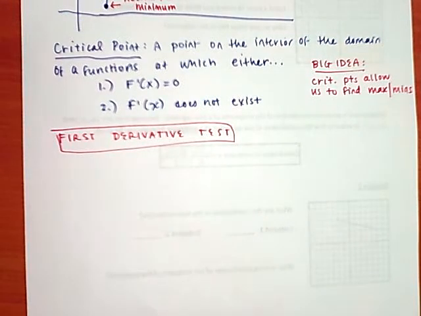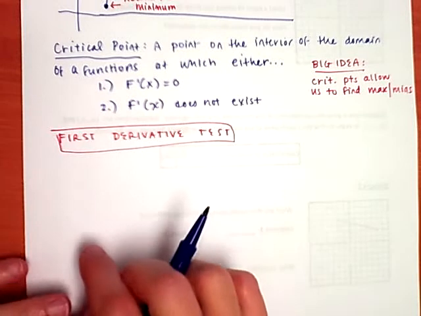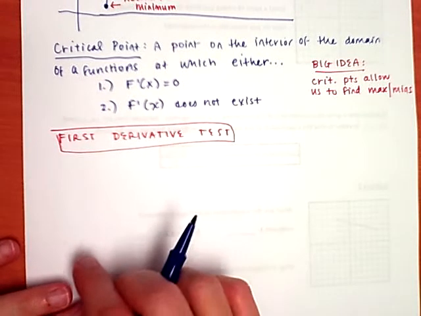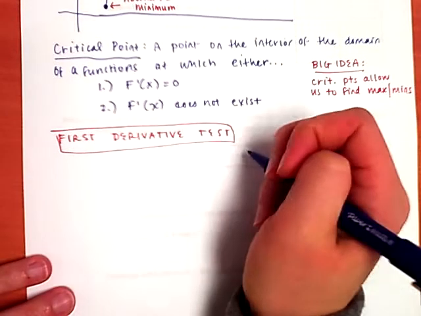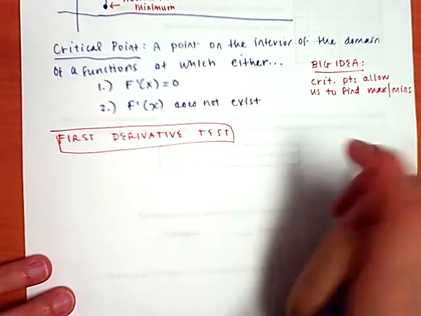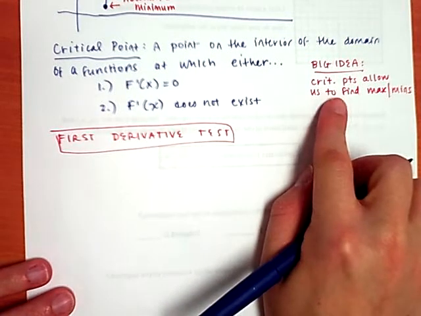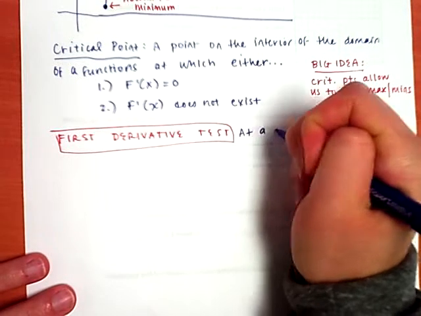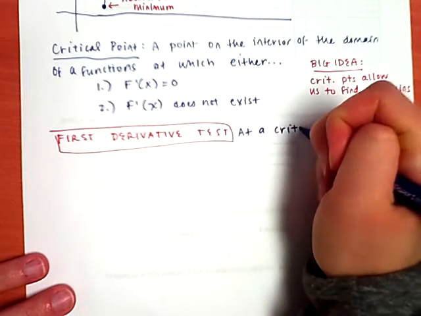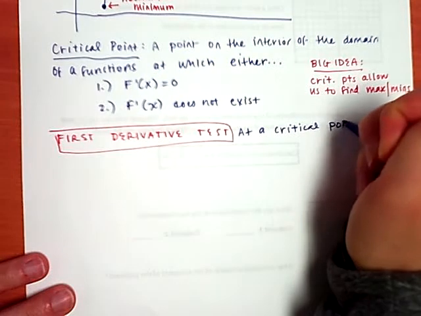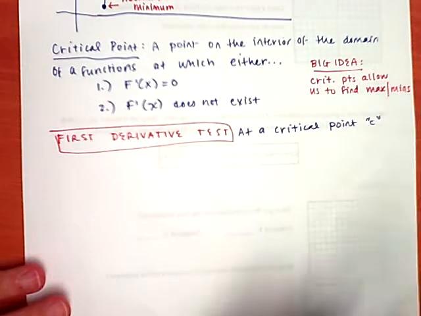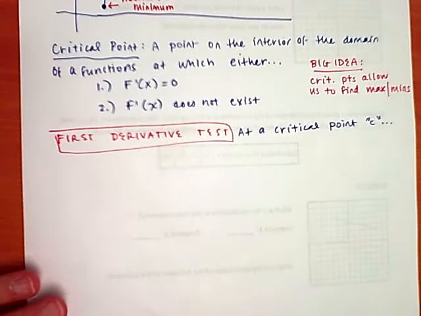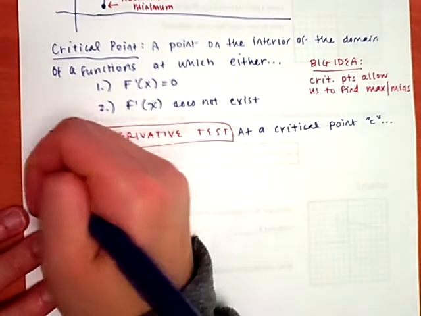And it's true, you did already know this. So we're just formalizing it and then seeing how it applies to equations. The first derivative test says that once you've identified the critical points, so if we're looking at a critical point, and we'll call it c, then we'll see a couple different things happen.